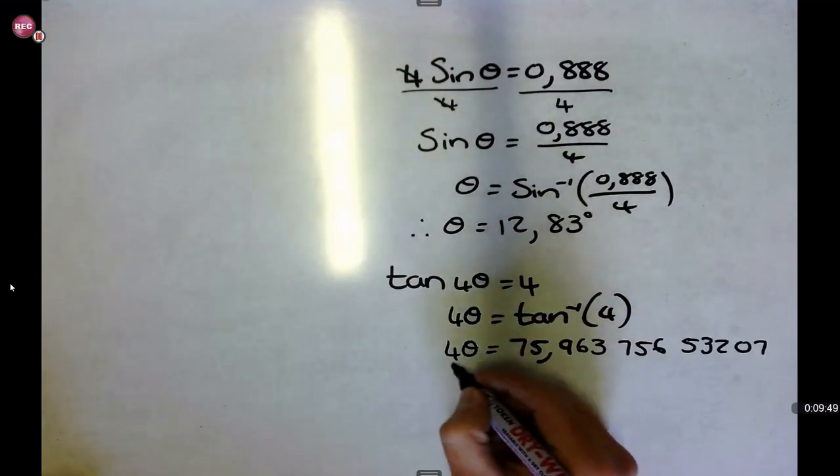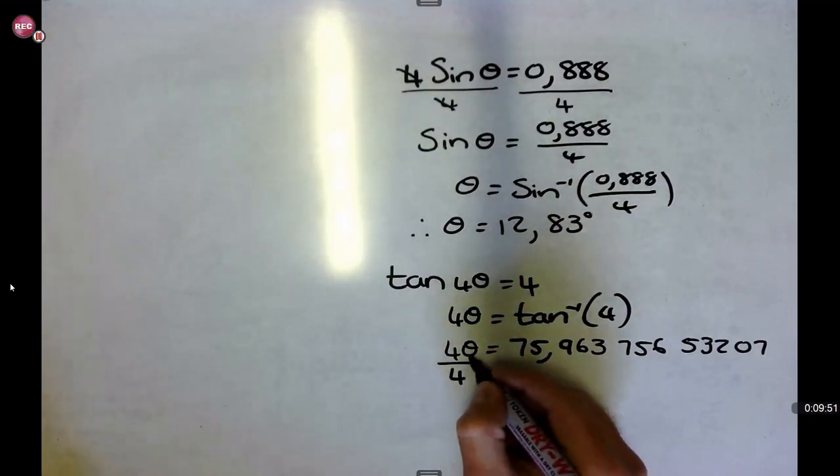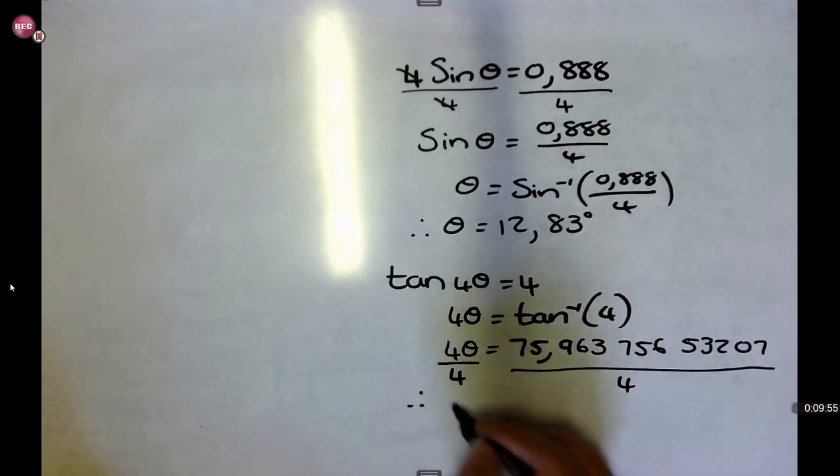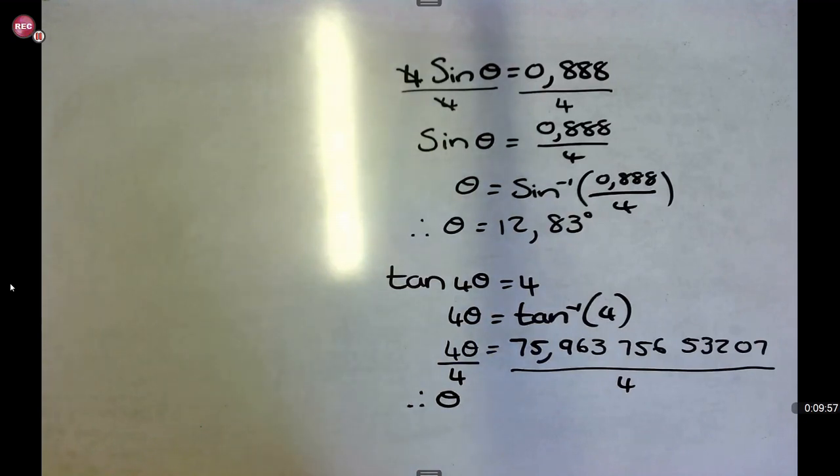Now we go and divide by 4 because you want theta on its own. So now you divide by 4. So it's 75,963,756,53,207 divided by 4.